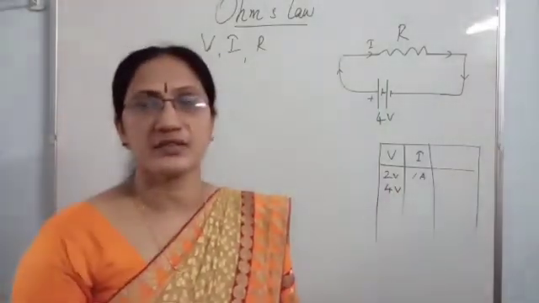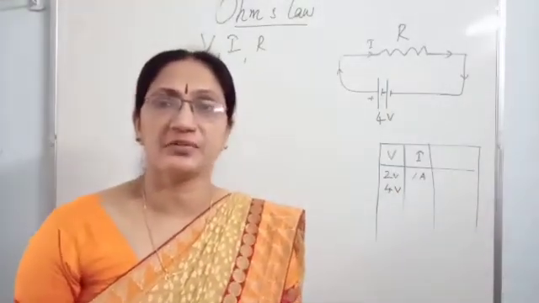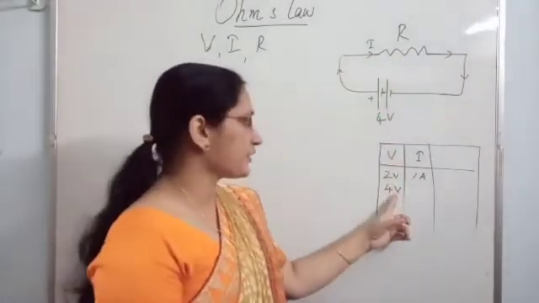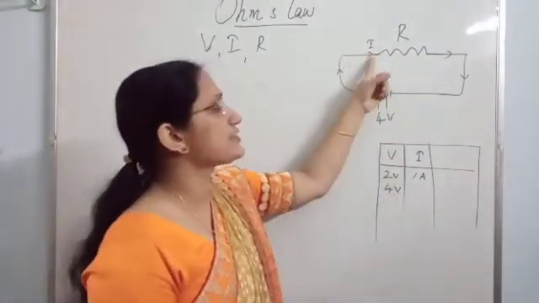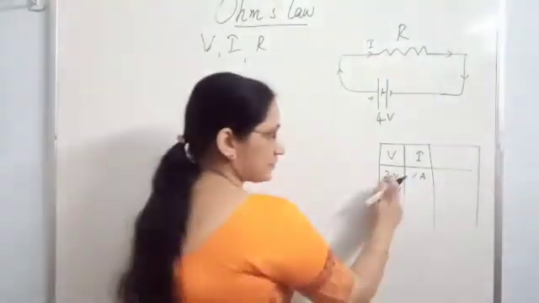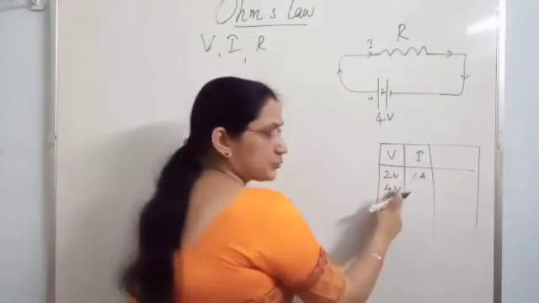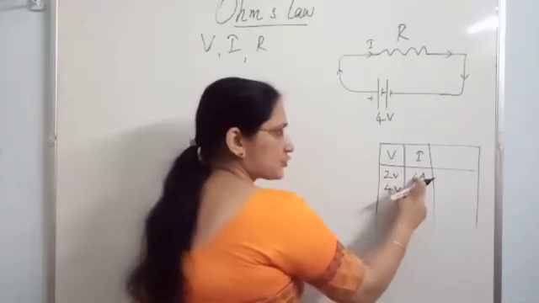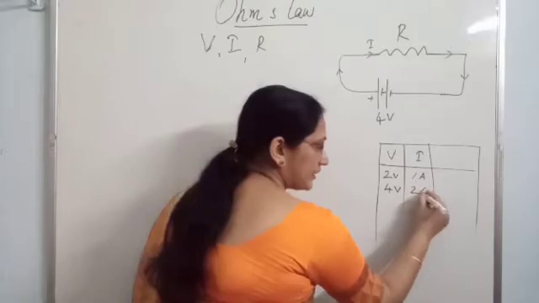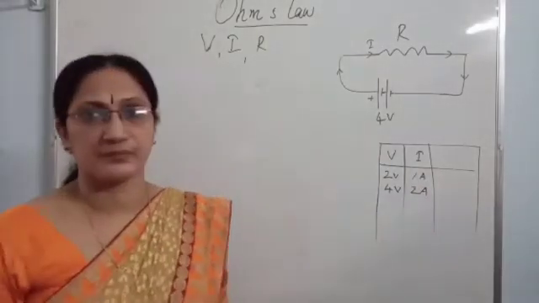By increasing the number of cells, we are increasing the potential difference across the two ends of the wire. When it became 4 volt, you will see the current value also proportionally increases. The V value became double. It was 2 volt, now it is 4. So you will see the current also becomes double. Instead of 1 ampere, it has become 2 ampere.